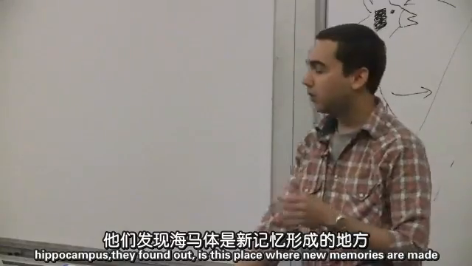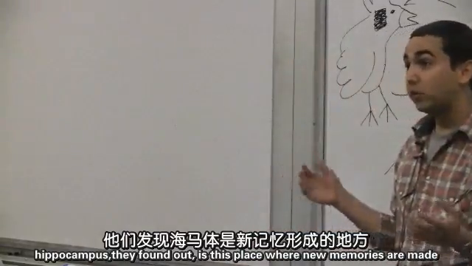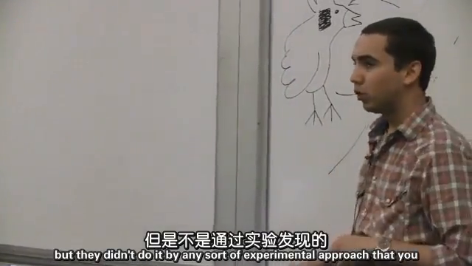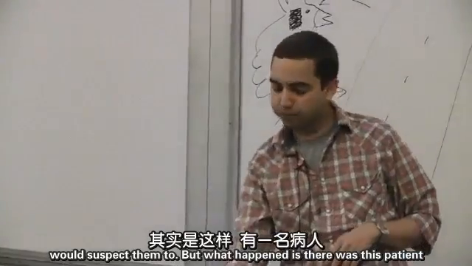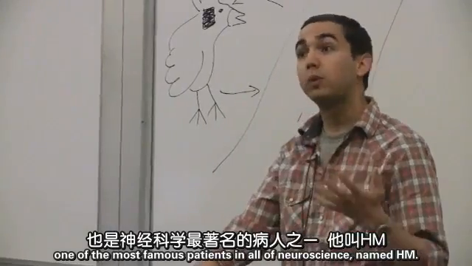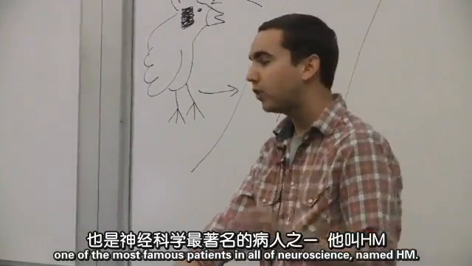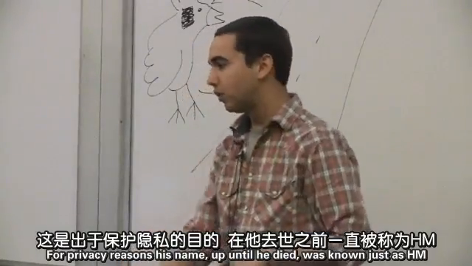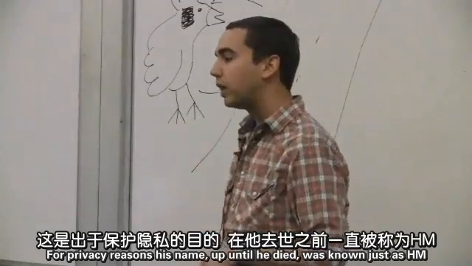The hippocampus, they found out, is this place where new memories are made, but they didn't do it by any sort of experimental approach that you would suspect them to. What happened is there was this patient, one of the most famous patients in all of neuroscience, named HM. For privacy reasons, his name up until he died was known just as HM.